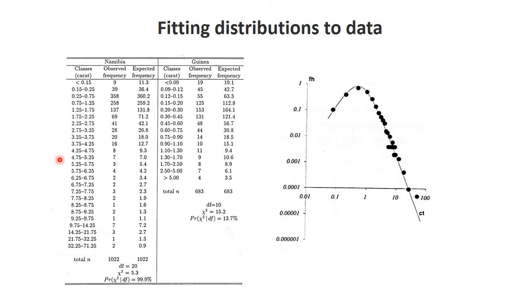So how do you fit a distribution? There are many techniques, evidently maximum likelihood methods, least square methods. Here we use a simple method, which is commonly done, at least at that time, which is through the chi-squared. Basically, we have a sample of say 1,000 stones.